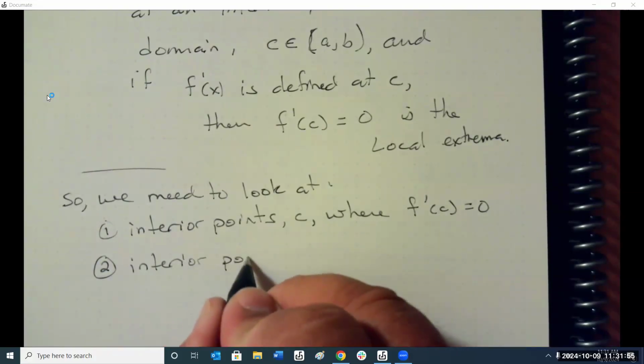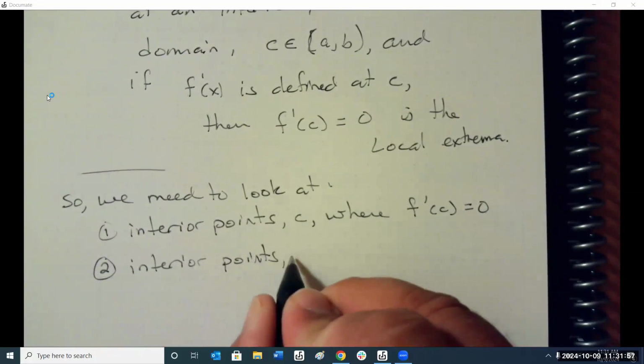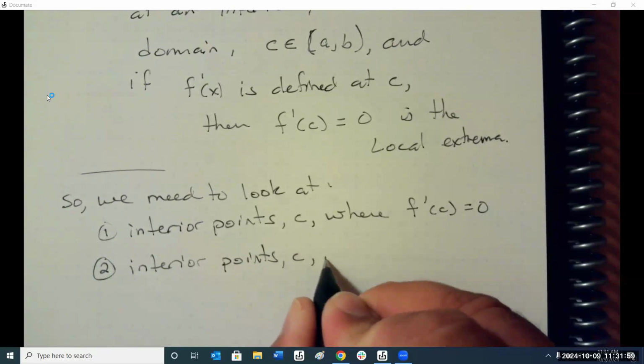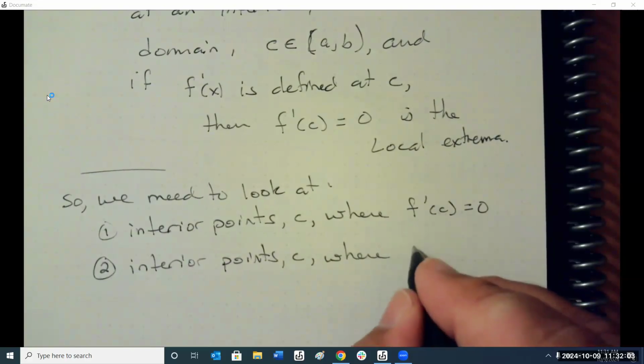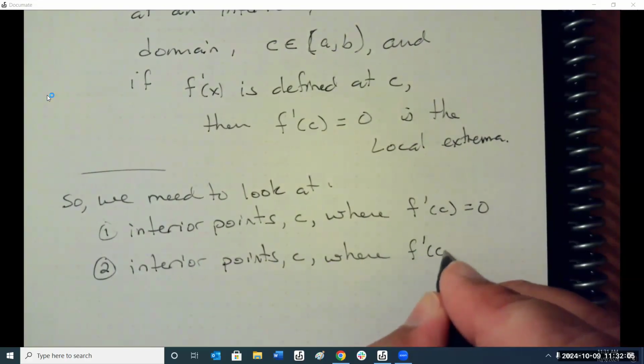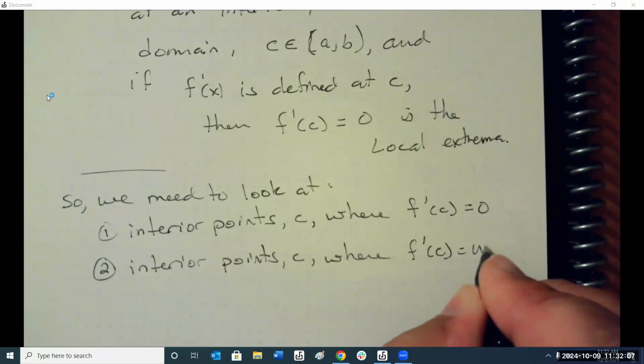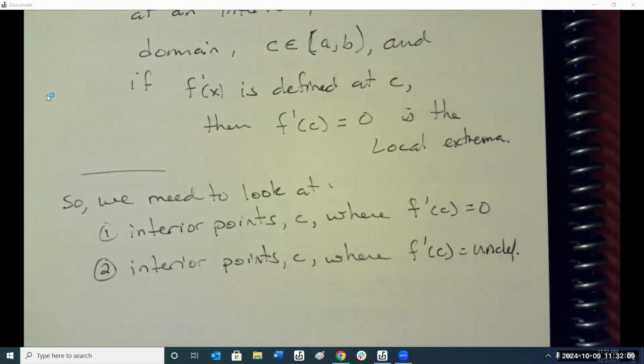Interior points C where f prime is undefined.